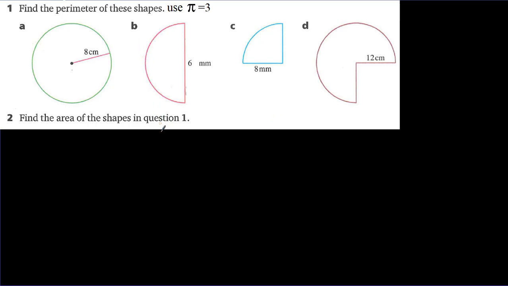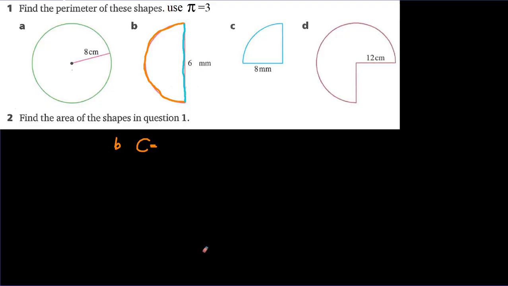For B, the circumference: here we have two parts. We have a half circle and one line segment. I'm going to show them with different colors, and I'm going to add them.